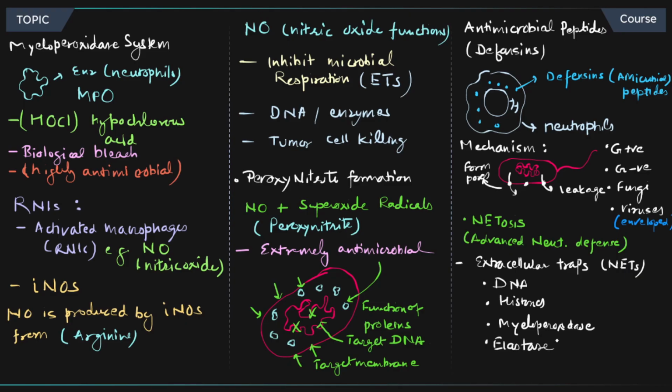All these components are part of NETosis, where the bacteria or pathogen gets trapped. I'm just creating an illustration for trapping this particular bacteria with these lines, so that antimicrobial peptides can now work on these microbes. If they keep on moving, then it's very difficult. So antimicrobial peptides can basically target this trapped bacteria.